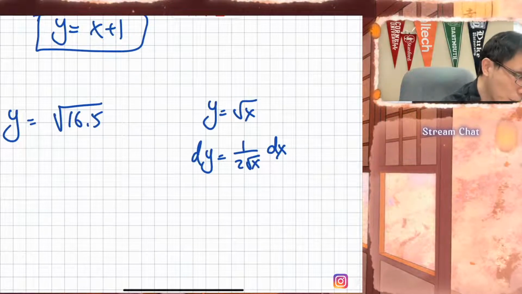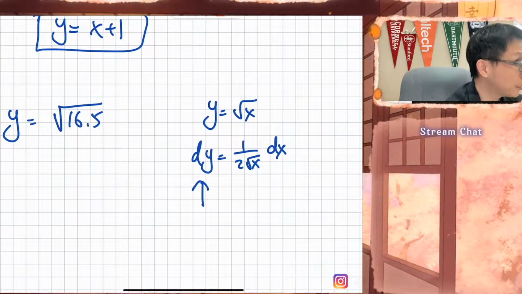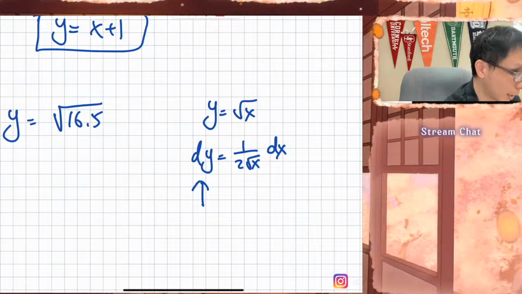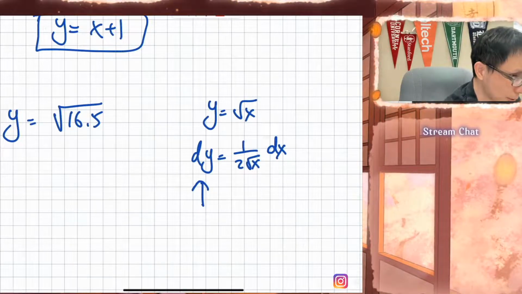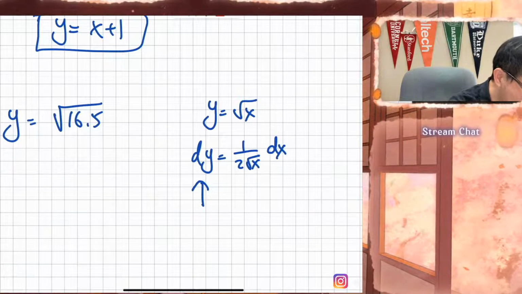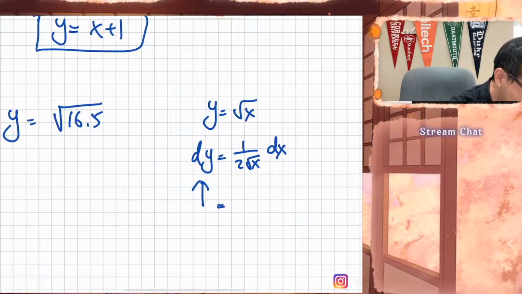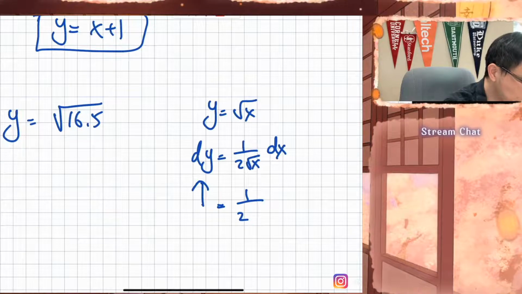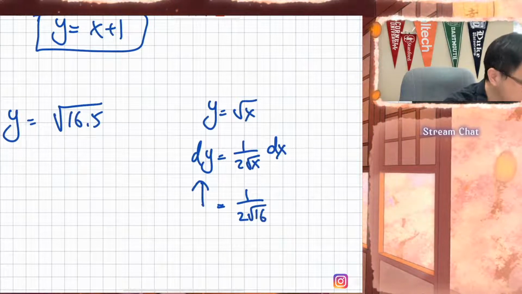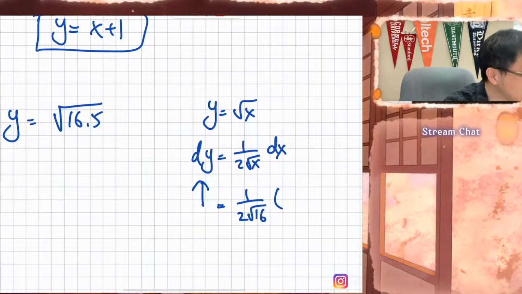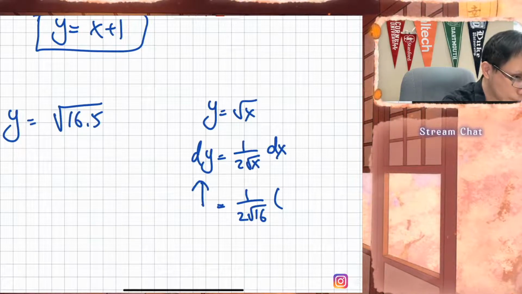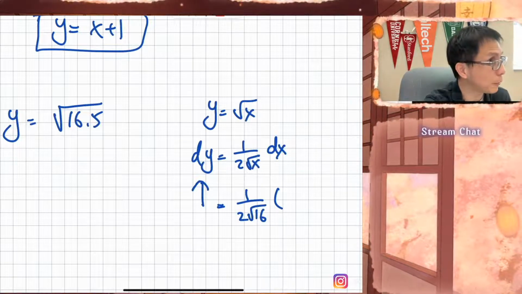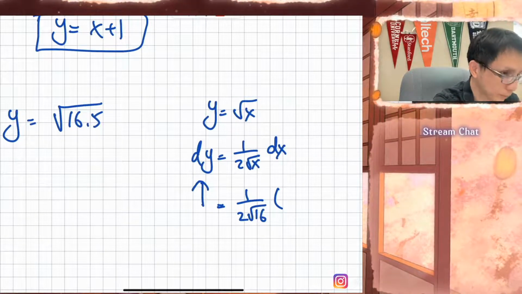You think about it. We know dy is very, very close to the small change that you're going to have. So then we know that is equal to 1 over 2, and which value are we going to use? We're going to use square root of 16. But what's the dx here? From 16 to 16.5, what is dx? 0.5, so it's a half.